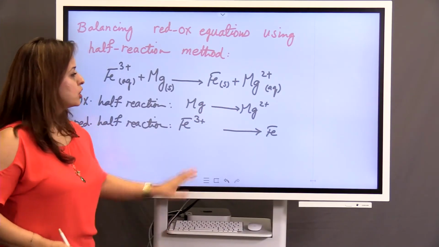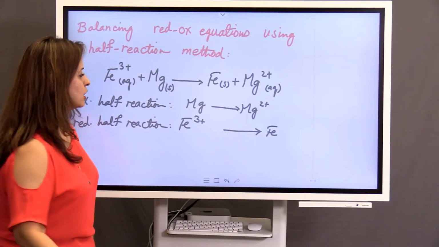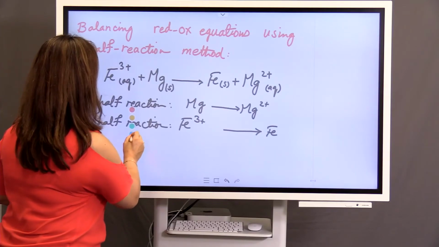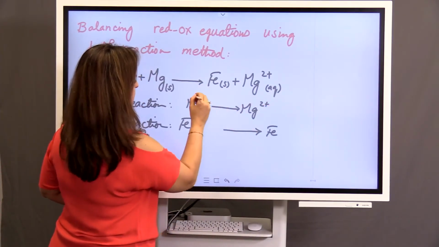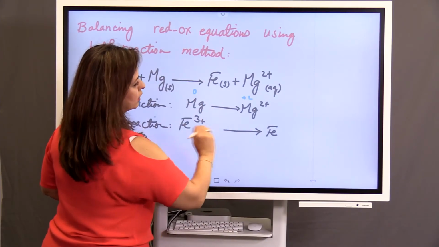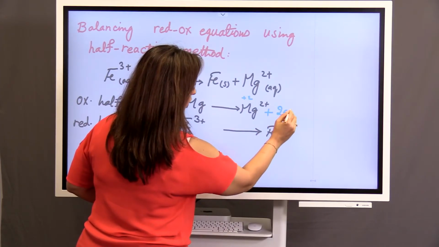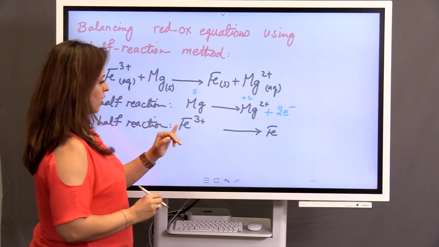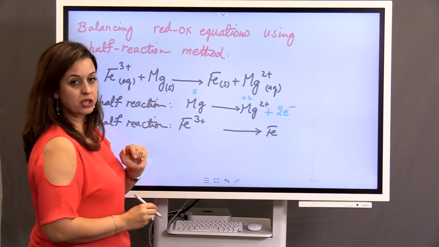Don't forget, you always add electrons to more positive side. Which is my more positive side? This side, right? Because the charge is 0 here, here is +2. So I should add how many electrons? You would say 2, I'm sure. So we are done with oxidation half reaction.